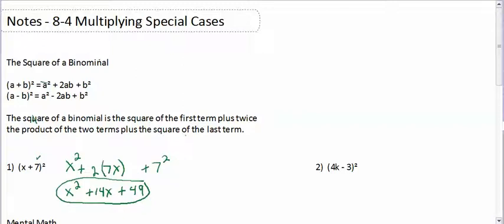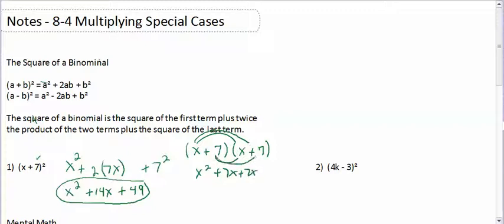Okay, although you don't have to do it that way with the shortcut method, you could always just take the two terms and multiply them together using the FOIL method or the box method. It would take you just a little bit longer, but if you're totally lost and didn't know what I was doing, you could always do that. Because let me show you. You have x squared, and then you have 7x. Then we multiply that, we get 7x.